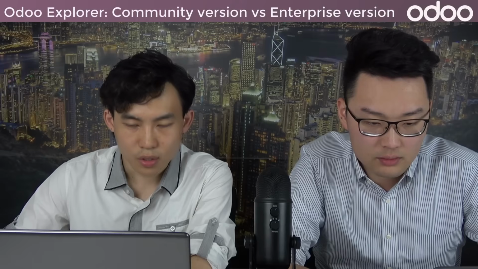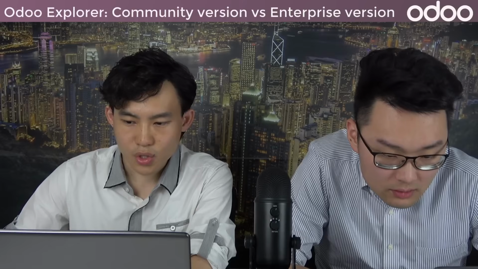Okay. Maggie, if I am using V9 community version, will it be possible to upgrade to V11 by a couple of clicks, or do I need to reinstall and reconfigure? Well, you will need to upgrade to 11 and then to Enterprise.